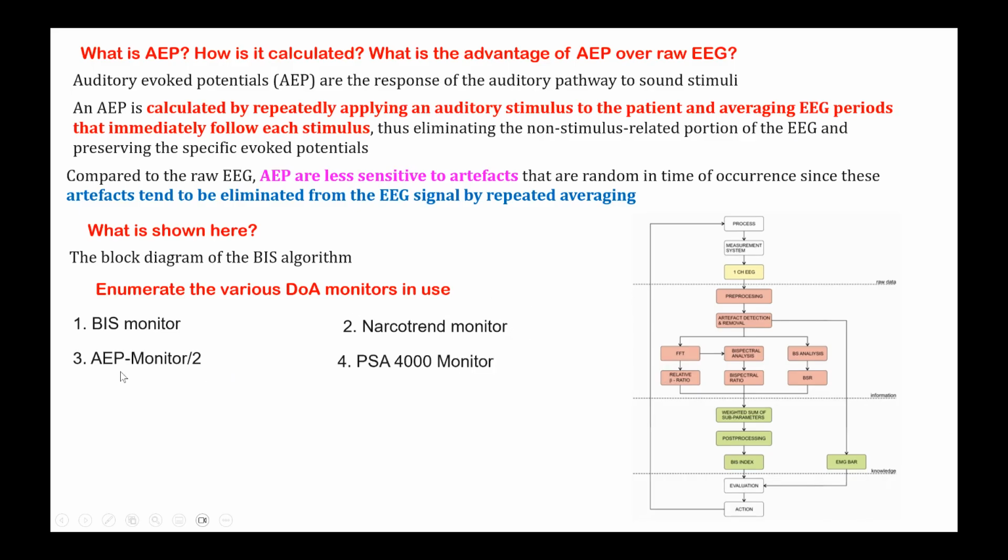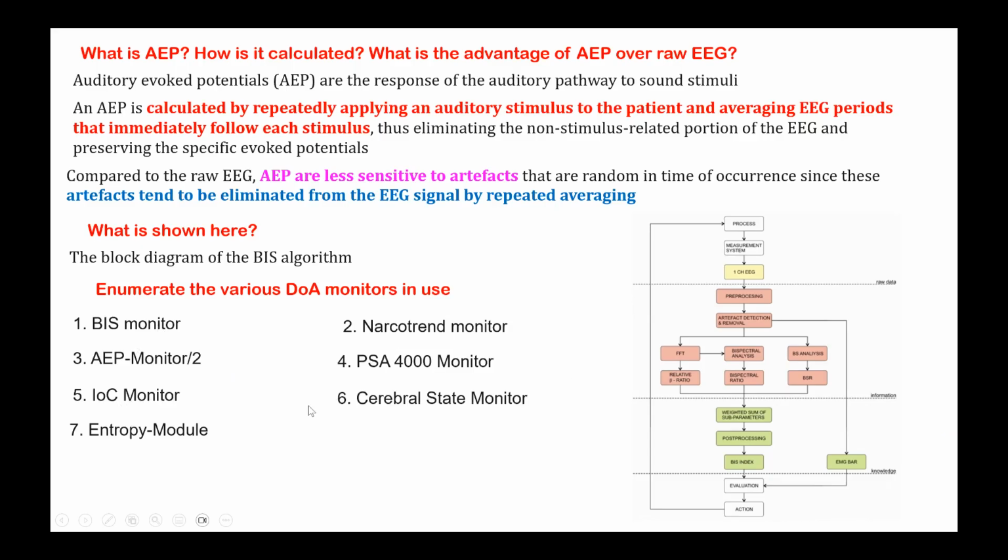Then there is an auditory evoked potential monitor. Then there is the PSA 4000, which is also called the Patient State Index monitor. And you have the indication of consciousness monitor, IOC monitor. Then you have the cerebral state monitor, and you have the entropy module. So these are the 7 different monitors which are available now.